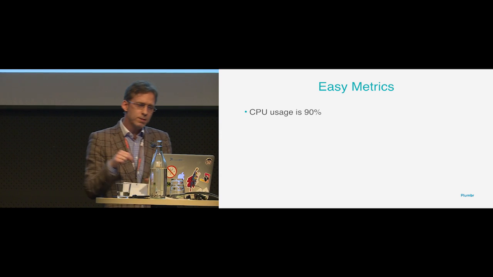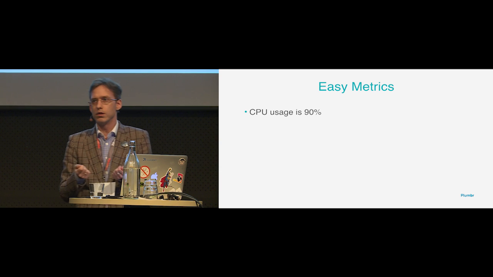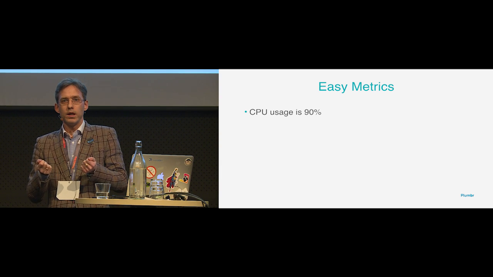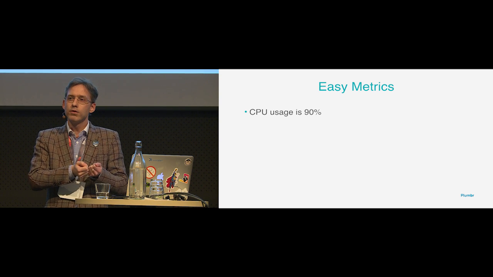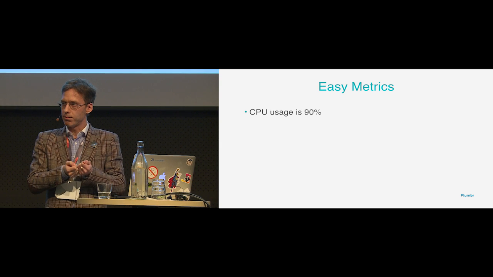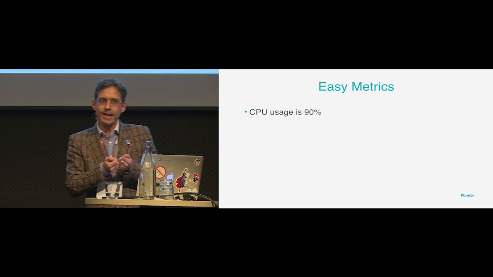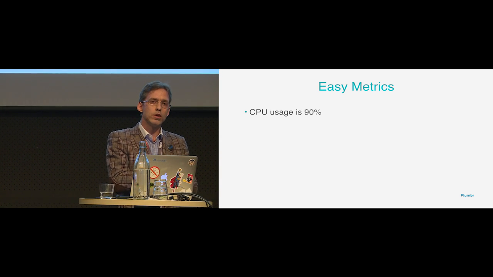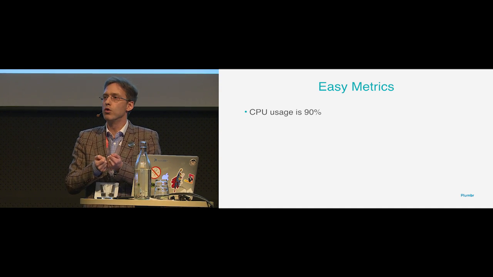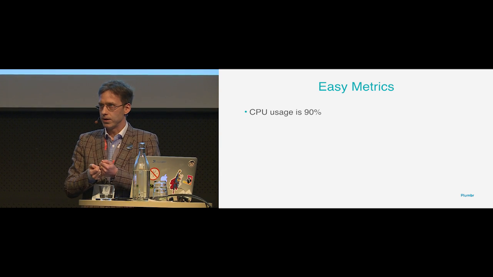Now, let me remind you that the goal of your monitoring, first of all, is to react if your application is down, if your application is in a bad shape. So the first thing that you use your monitoring for is to alert you if something is going wrong in your production.